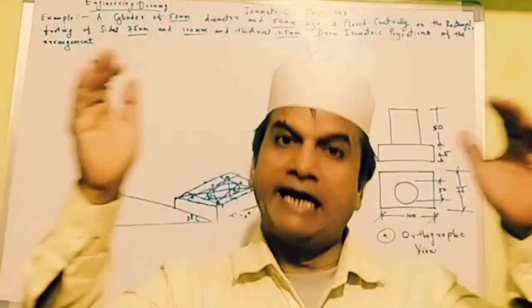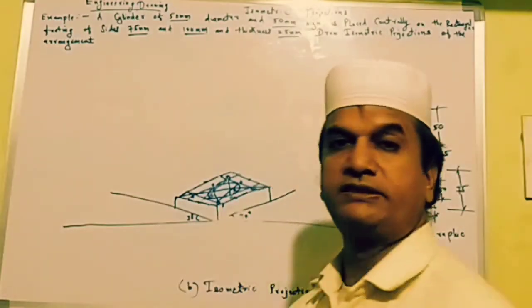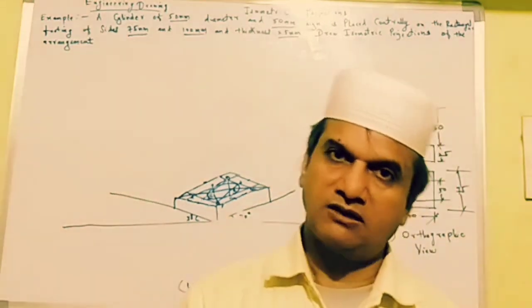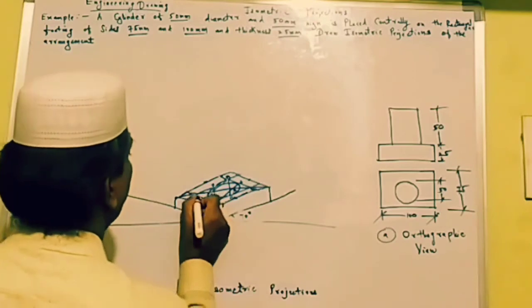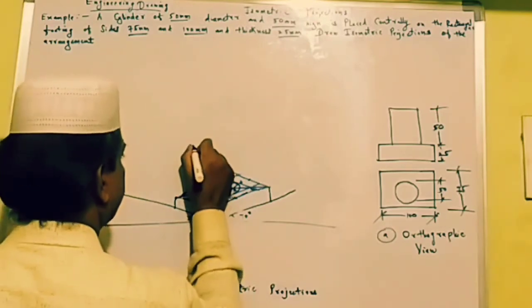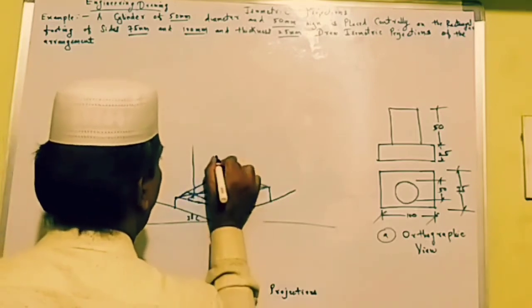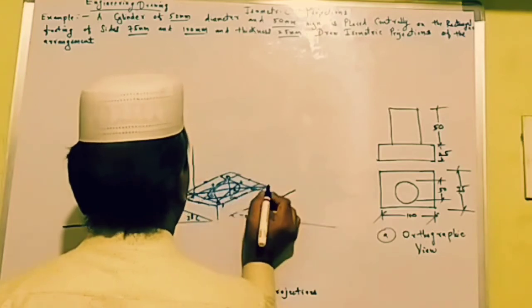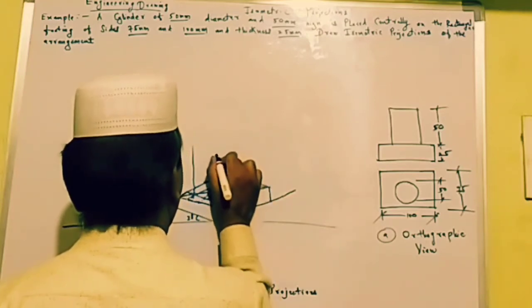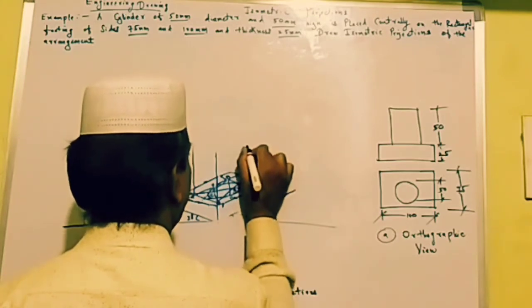Okay. Now we shall fix the height of the cylinder. That is how much? 50 mm. 15 to 0.816. Now we have to join.